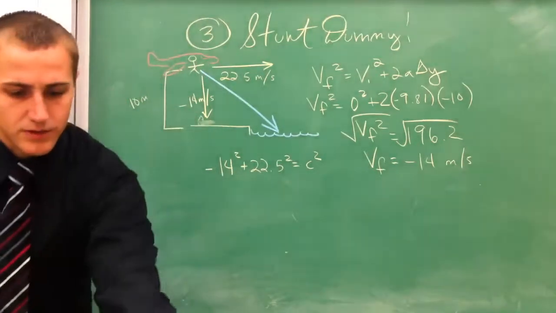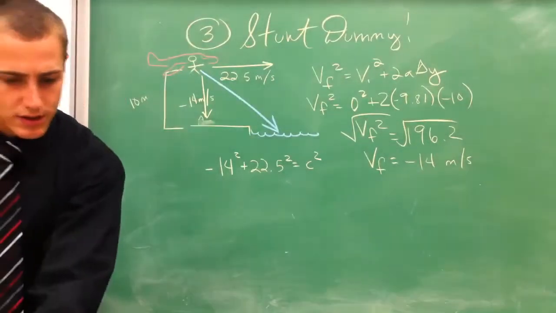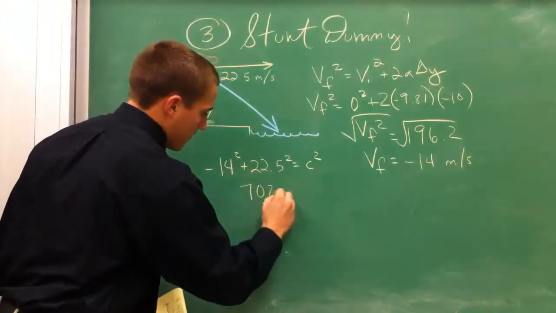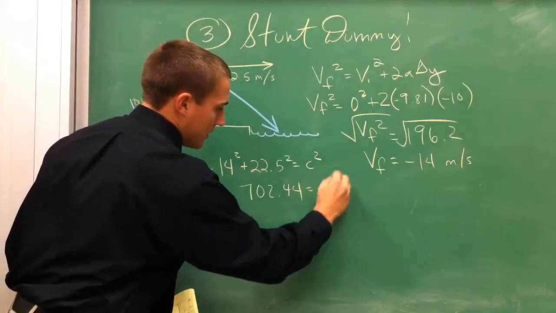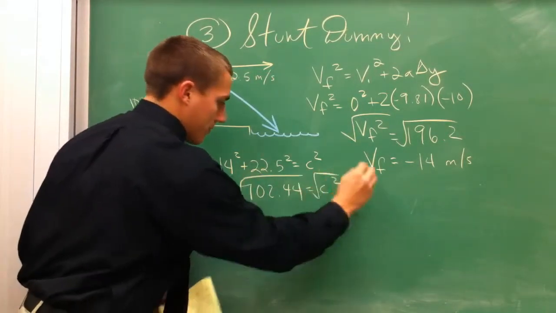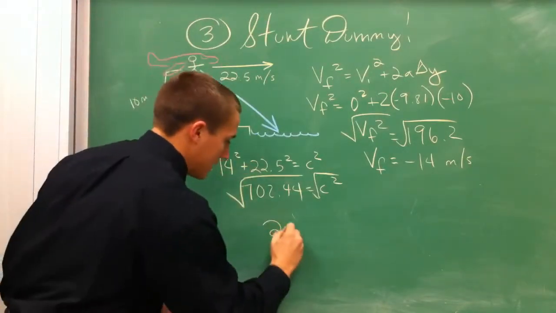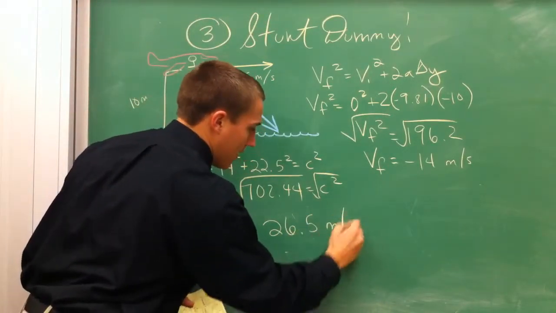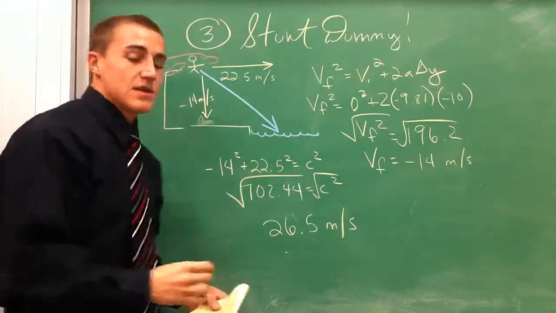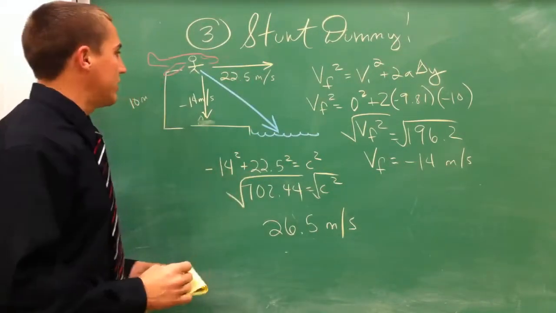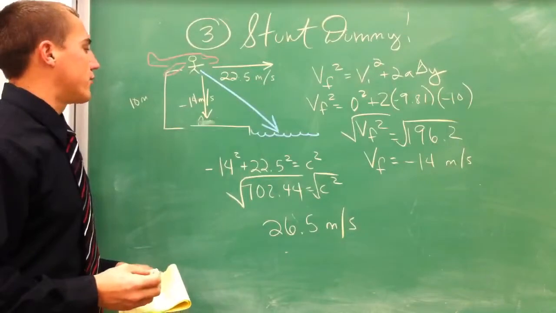Let's see, plug this in real quick. 702.44 equals c squared. Square root of both, and our resultant magnitude is equal to 26.5 meters per second. Now, since this is a vector, it has magnitude and direction, so we also need to find the direction.